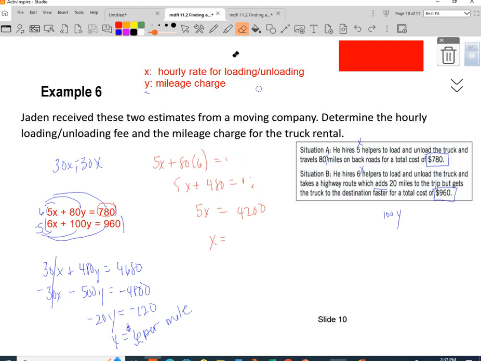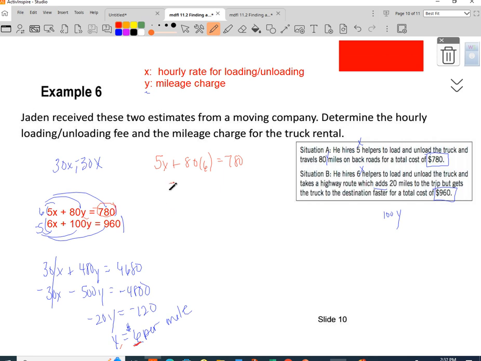So, one more time, I'm just going to start this over so I'm less confusing. Our mileage charge of $6 per mile is correct. We're going to use that mileage charge in place of y in this first equation. So 5x plus 80 times 6, that's where the y is, and now we know the y value, equals 780.